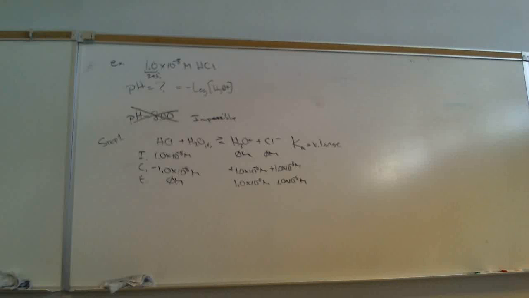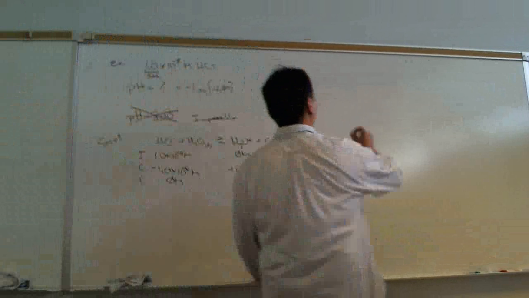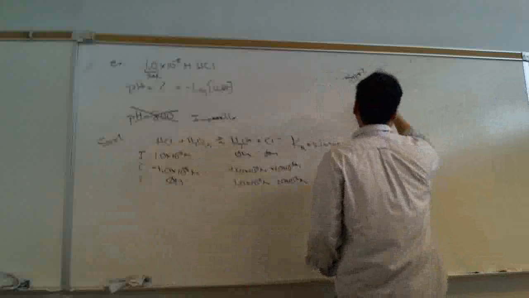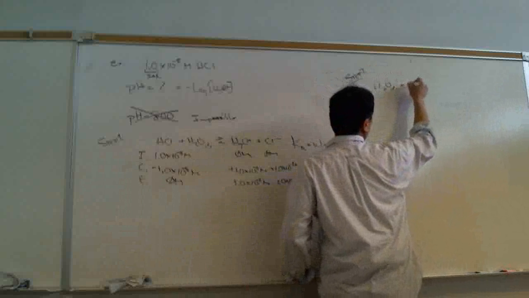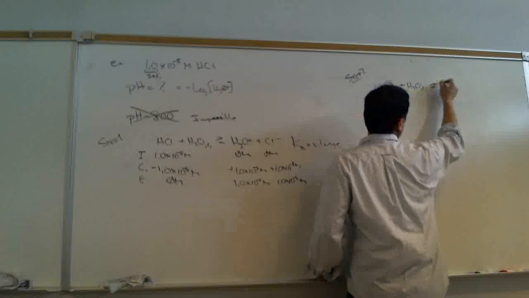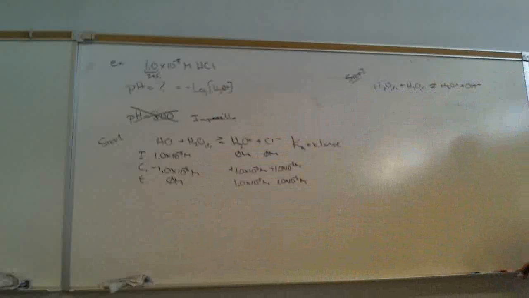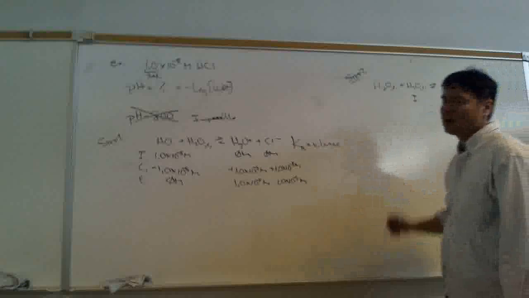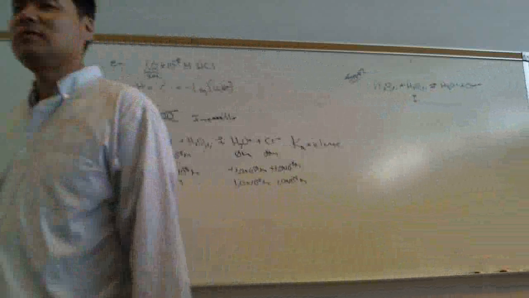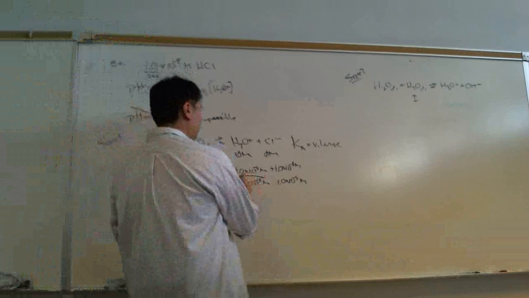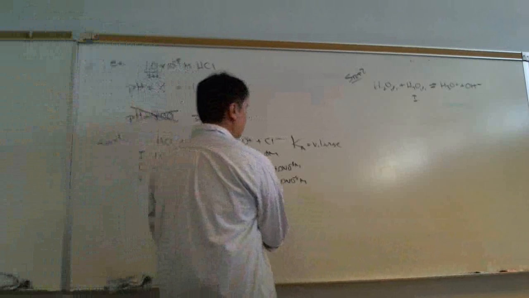What is the other equilibrium happening? Water. So step 2, you're going to look at water's equilibrium, H2O liquid plus H2O liquid gives us hydronium plus hydroxide. The way we do this is we just automatically reset. We assume that none of the water has yet reacted, but there is some hydronium present. The hydronium is coming from the HCl in step 1.